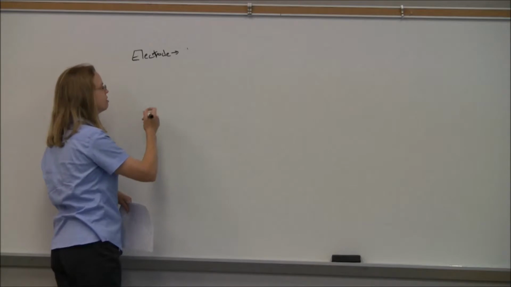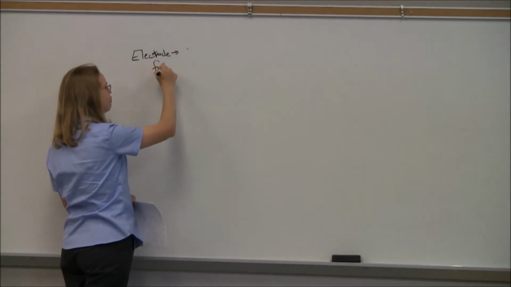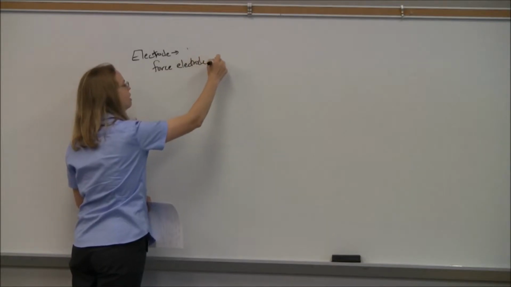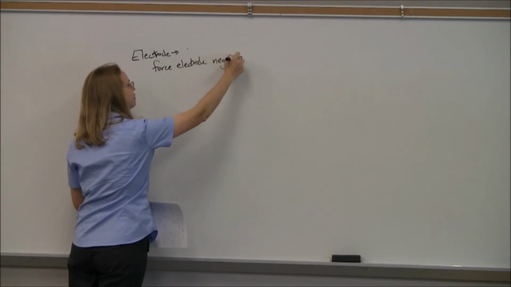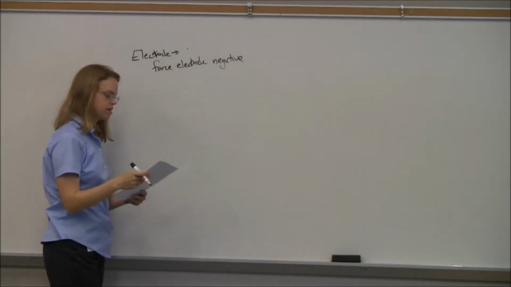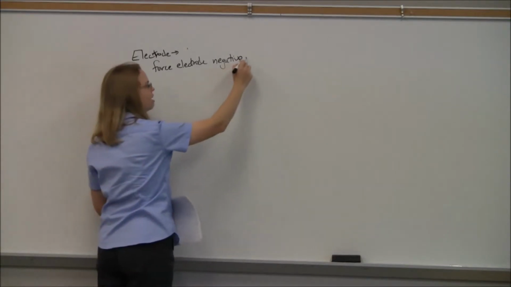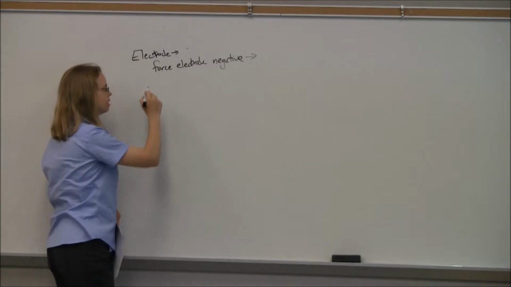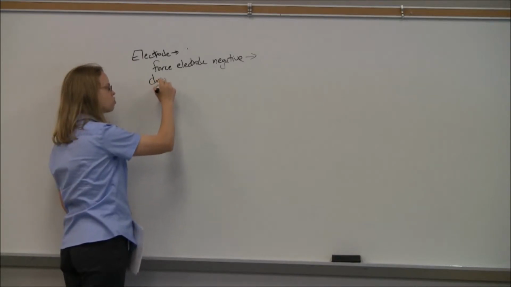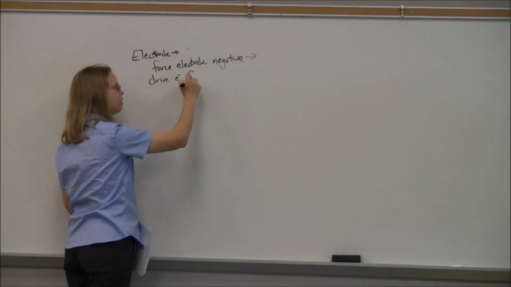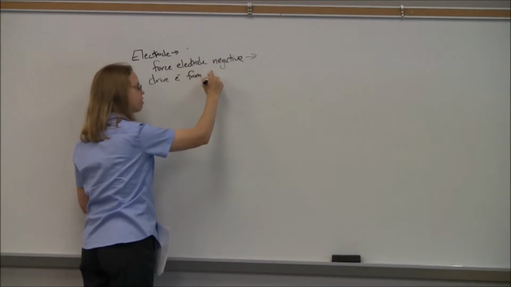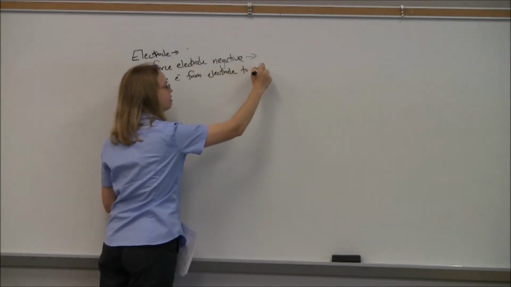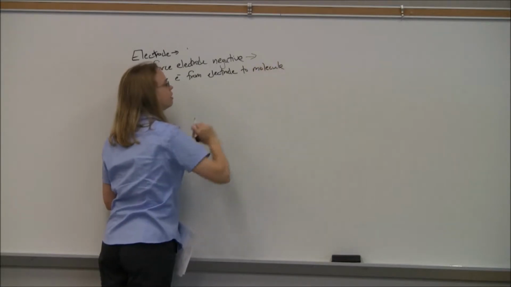Okay, so they say, what happens if we force an electrode negative? As the electrode becomes more negative, not surprisingly, we're able to drive an electron from the electrode to whatever molecule is going to accept it.